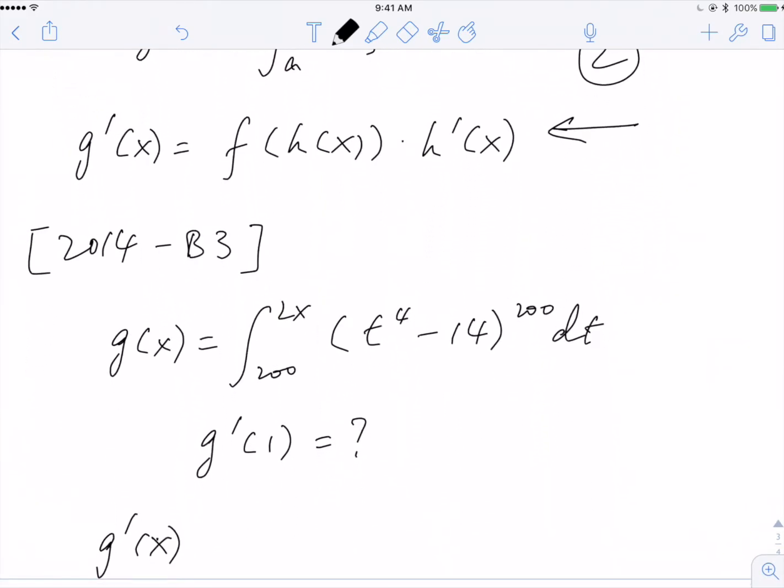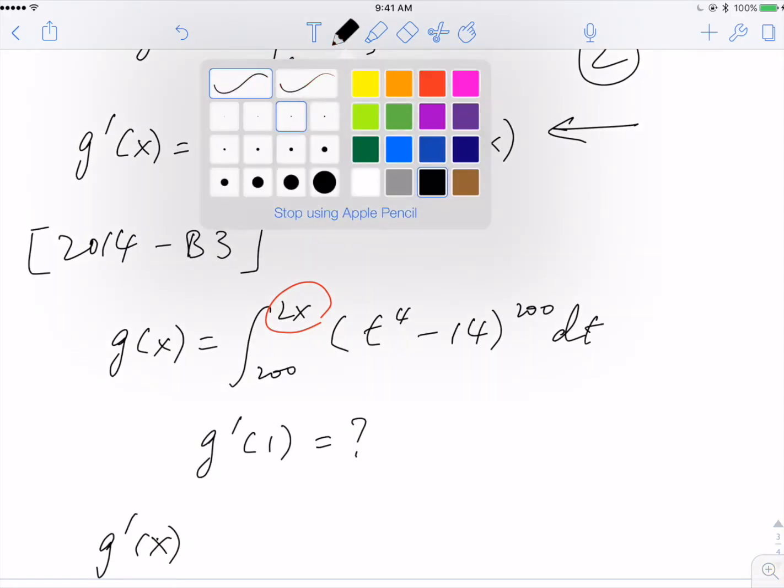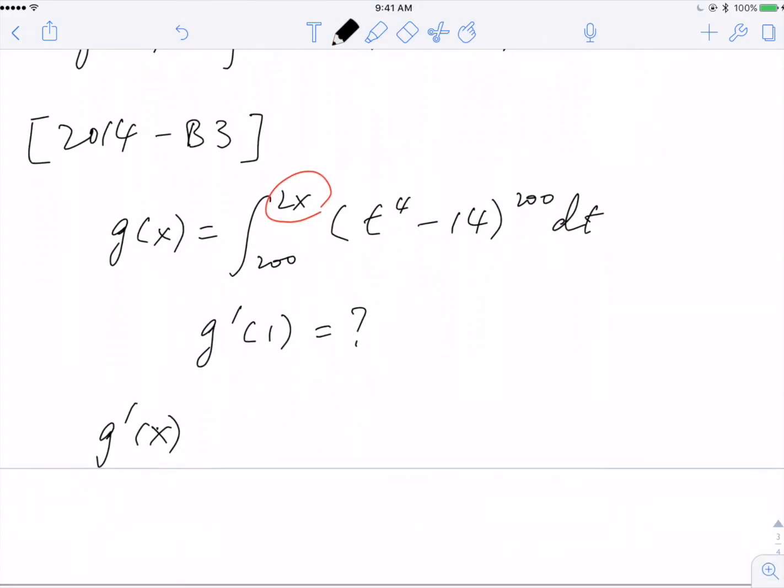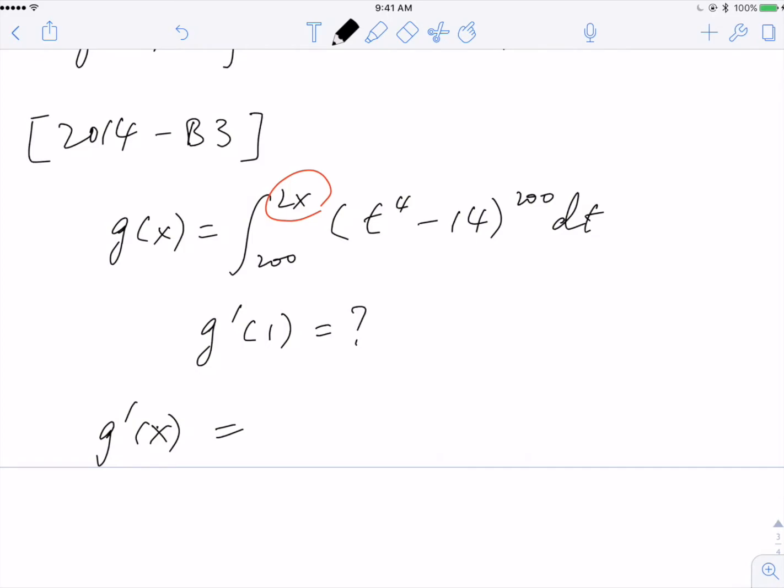The upper limit here is 2x. 2x is a composite function, not just x, so we need to use the second one. That means g prime of x is equal to f of h of x. So what is the f here? F here is (t to the power 4 minus 14) to the power 200, so we stuff in 2x to substitute for t: (2x to the power 4 minus 14) to the power of 200. Are we done yet?